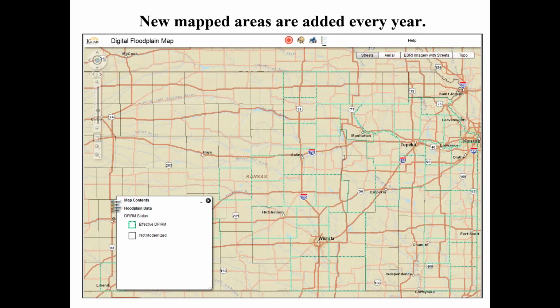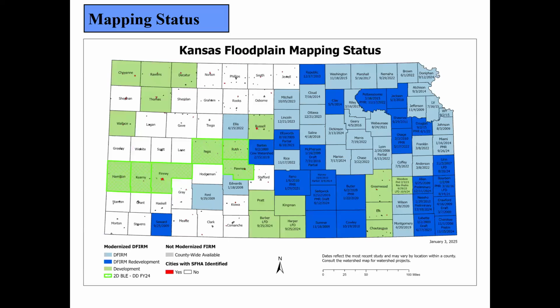But we are always working on our maps. I just updated this one. So this is as of January 2025, where we are in our mapping projects. Joanna has been hard at work on our business plan and everything, and how we prioritize communities and counties. Most of what we've been doing is countywide FIRMs, but there can be individual streams that get mapped.